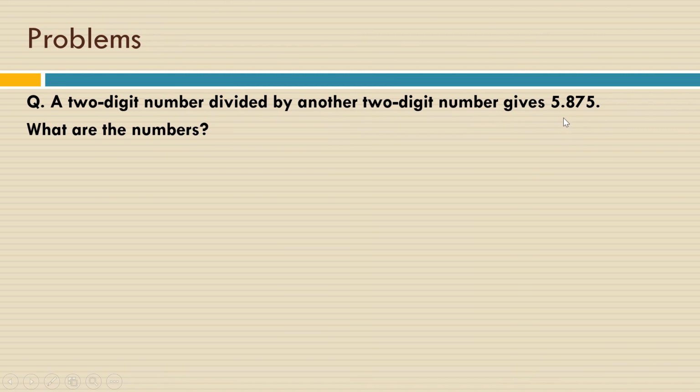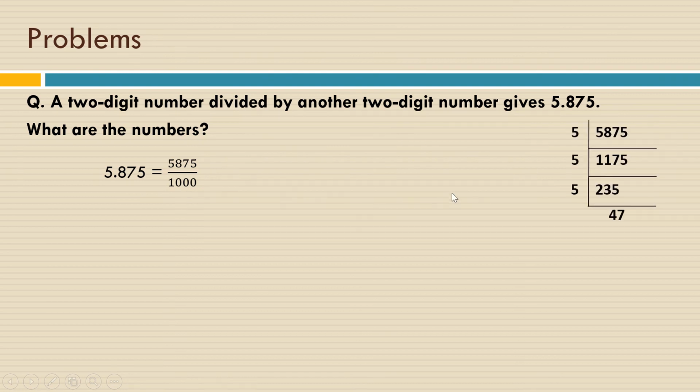First, convert this decimal number into a fraction. It is 5.875 equal to 5,875 by 1000. In the decimal part, there are 3 digits. Then in the denominator, there are 3 zeros.